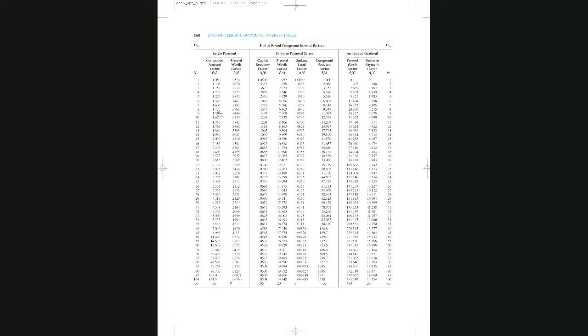The F given P, 5%, year 8, 1.477. So let's go to the slides here.